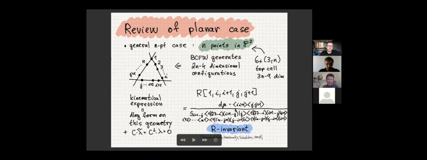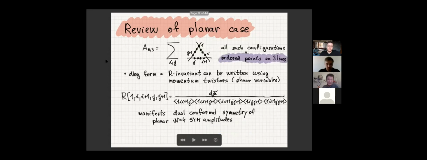Kinematical expressions, and they are directly associated with these positive geometries, with just these 2n minus 4 dimensional cells in G plus 3n. The BCFW recursion relations are a way to generate them in the planar case, and it gives some particular set. Now, this is the sum for the amplitude when you are summing over all the i and j.